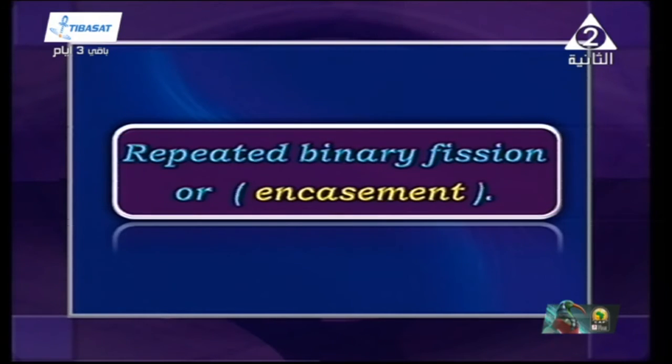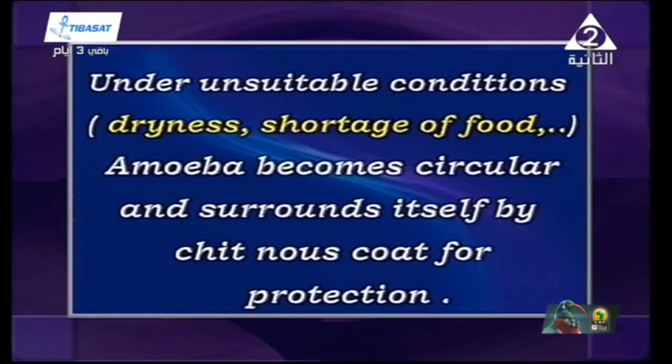We also have a type of binary fission which is called repeated binary fission, or encystment. Encystment is a kind of sphere or coat around the living organism, and it almost always happens under unsuitable conditions, like dryness or shortage of food.